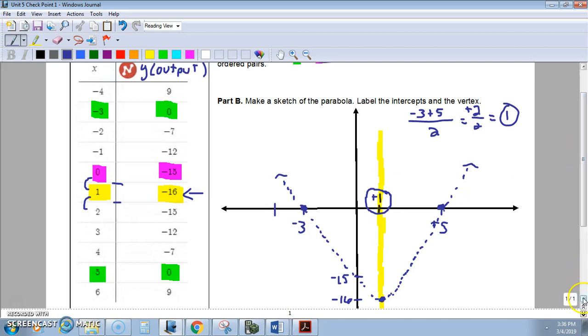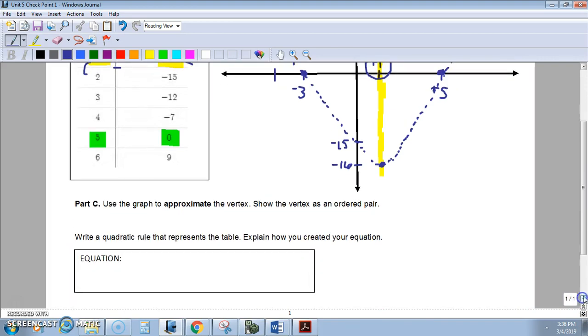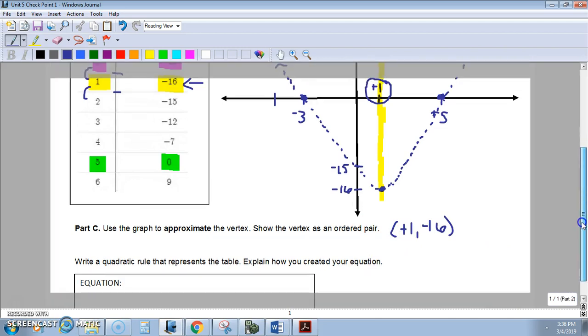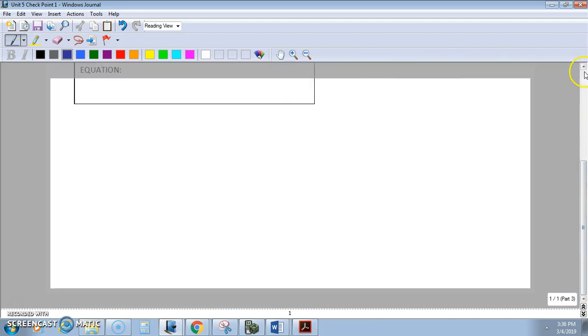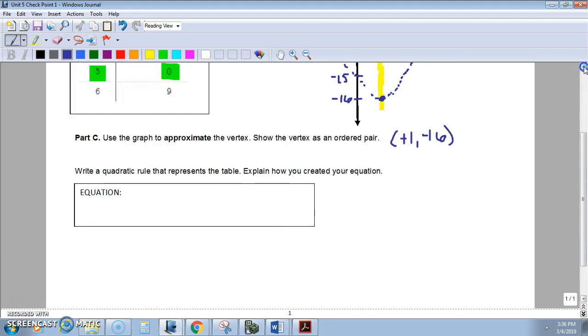Moving down, making our equation, now that we have our zeros, now that we have our intercepts, right? So for this one, don't forget to write this -1, -16. Oops, +1. There we go. Okay, now that we have our zeros, we can create our equation.